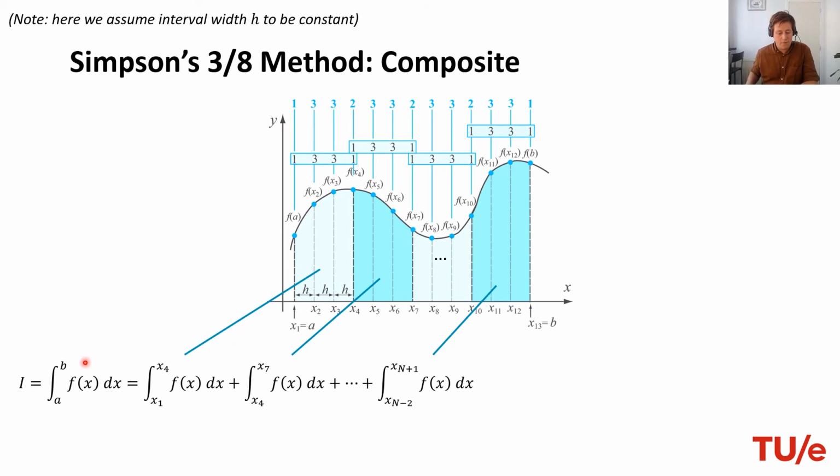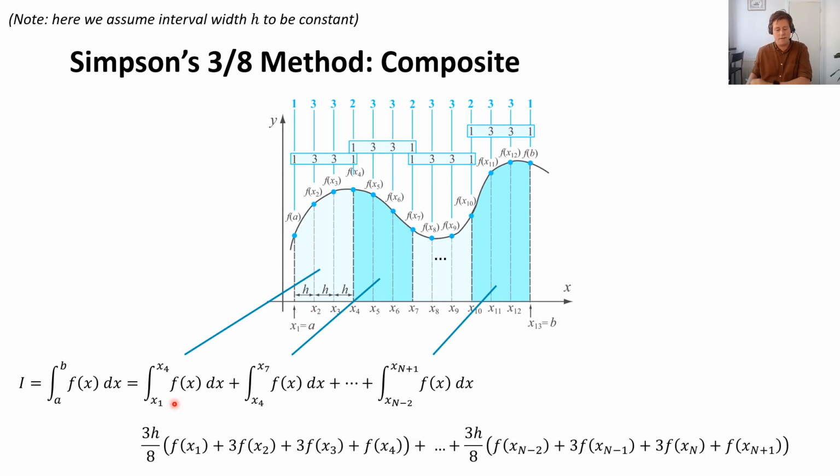And so that means we split up this integral from a to b into these subintervals, let's say. And for each of these subintervals, we apply Simpson's 3/8 rule. Simple as that. So for the first one, this comes down to 3/8h.